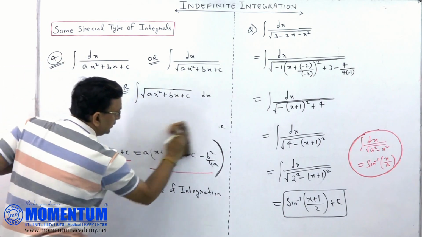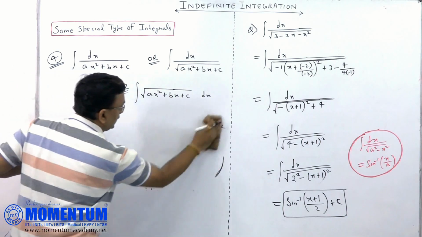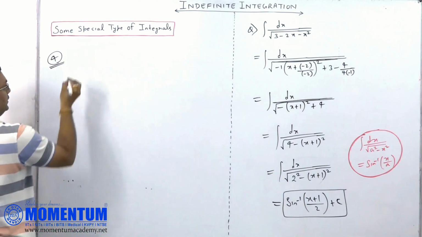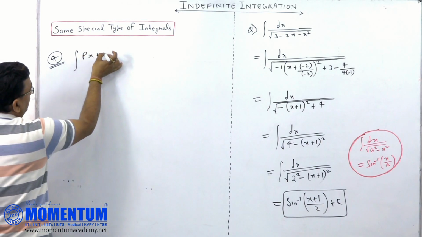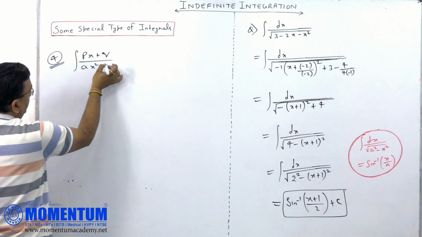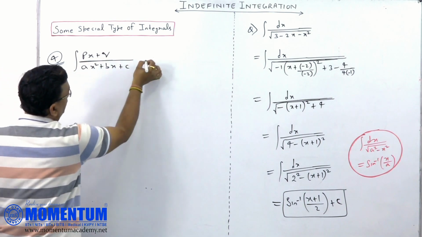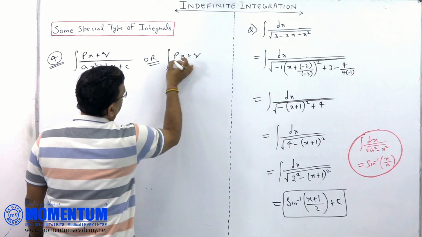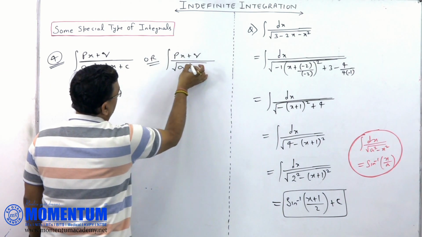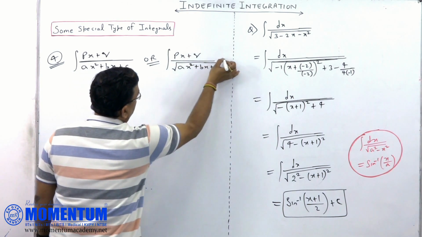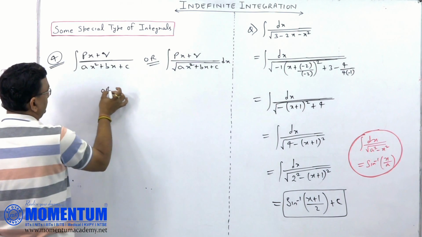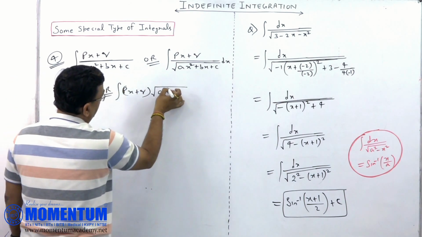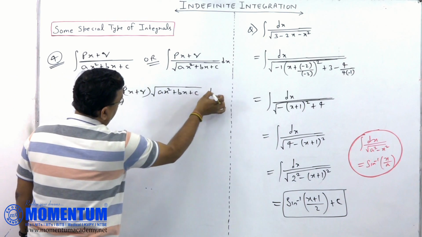Special integral number 4 is integration of linear px plus q divided by quadratic x square plus bx plus c, or integration of linear px plus q divided by root over quadratic, root over ax square plus bx plus c, or integration of linear px plus q into root over x square plus bx plus c.